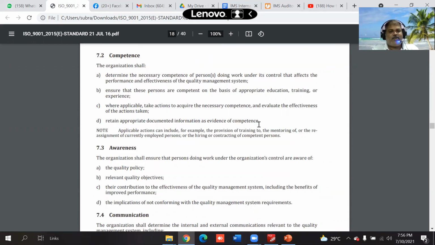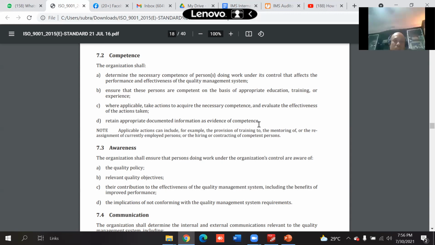Okay, so as per this clause, determine the necessary competency of the persons doing work under its control that affects the performance and effectiveness of the quality management system. For quality, for all the welders, I don't know, can you show the qualifying welder certificate for whoever is working on the welding, yes or no?